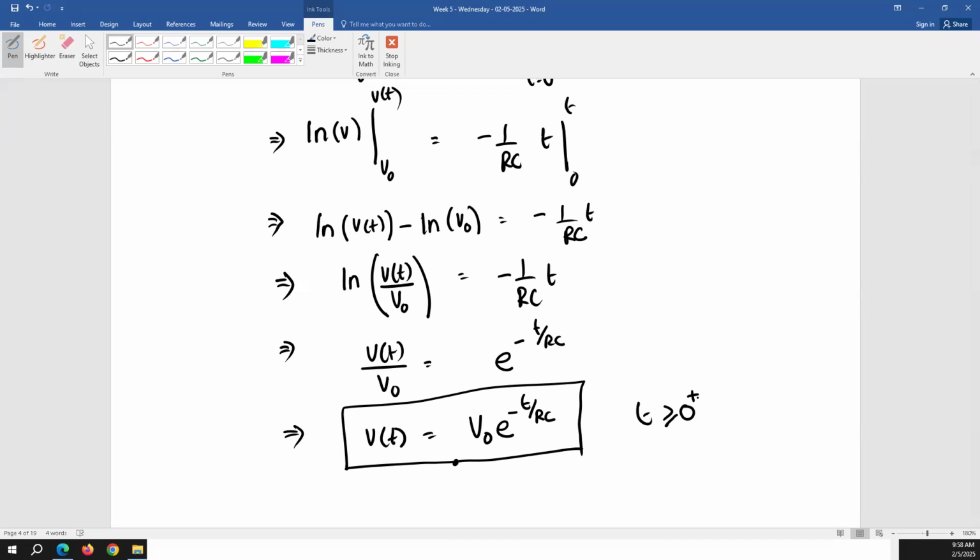So that is the expression to calculate the capacitor voltage in a circuit where the capacitor is discharging with the initial charge stored and having an initial voltage difference between the plates represented by V naught. As you can see, it discharges exponentially with respect to time.